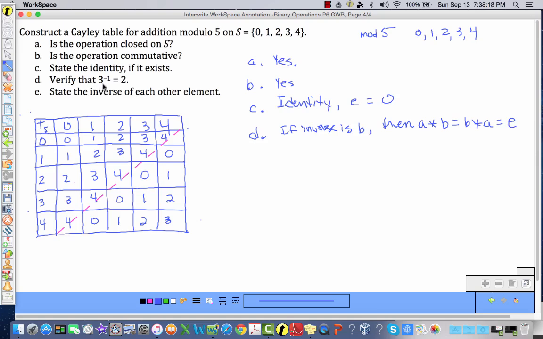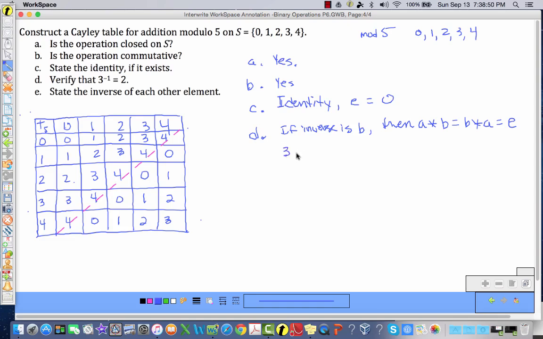So let's say the inverse of 3 is equal to 2. Well, we have to look for the identity element 0. Here's 3, and when I perform the operation, when does it equal 0? It equals 0 when I add mod 5, 2. So 3 plus 2 mod 5 is equal to 0. Okay, so there's my identity element.